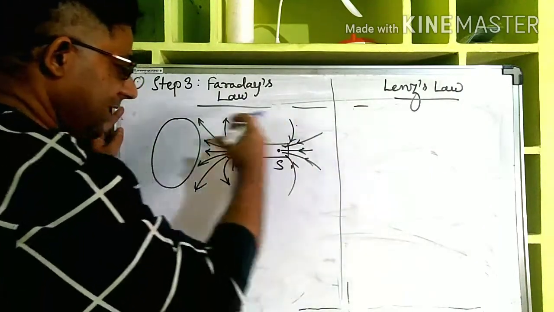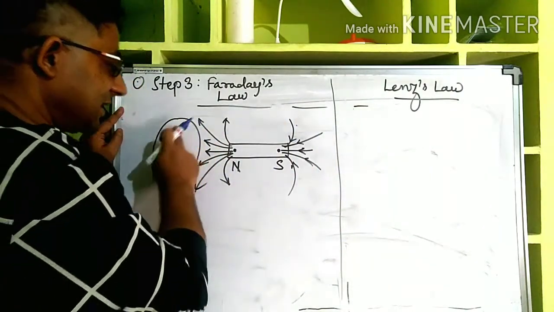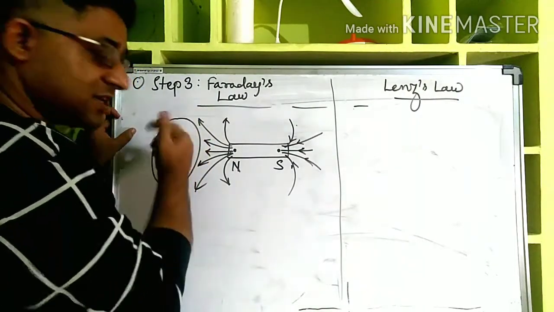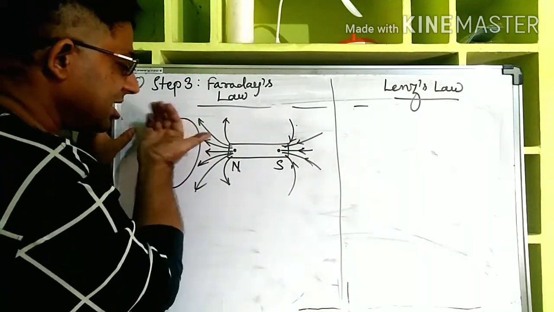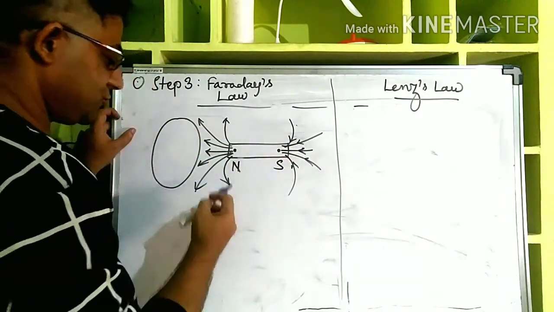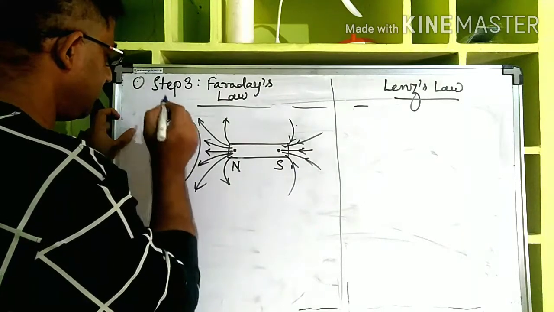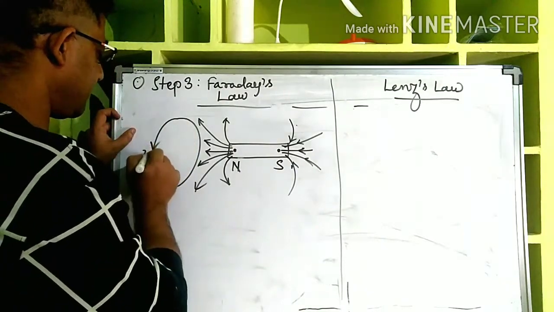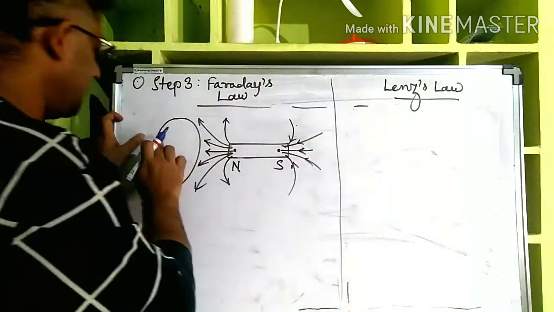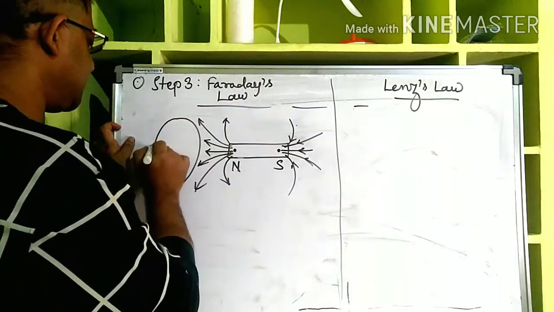Now if we are bringing it closer, it is seen that a current is flowing through it. A current is produced in such a way that the magnetic field generated due to that current will oppose the motion. So a current is seen to flow in this direction. And if the magnet is taken away, the current direction is reversed.